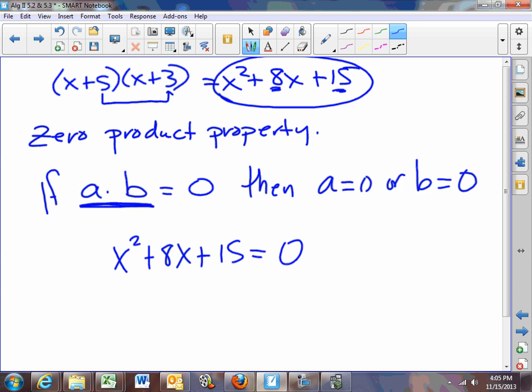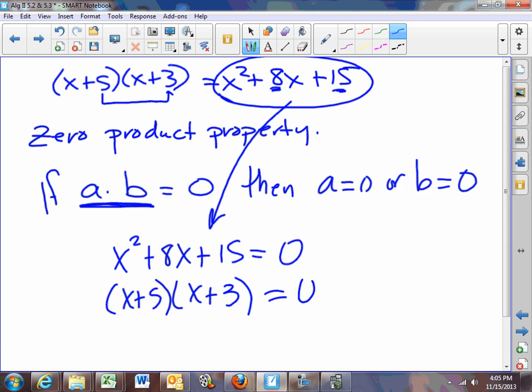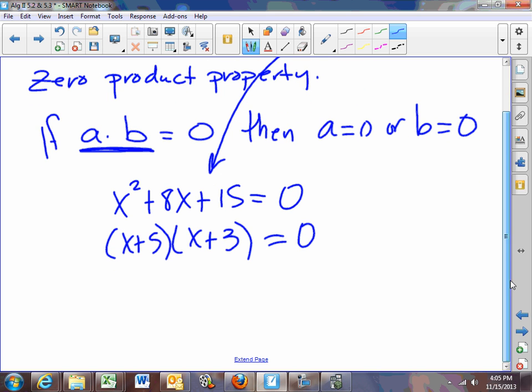Well, now, notice this is the same polynomial that we had up there, so we know that the factors of this polynomial are x plus 5 and x plus 3. So if (x + 5)(x + 3) equals 0, by the zero product property, x plus 5 has to be equal to 0, or x plus 3 has to be equal to 0.